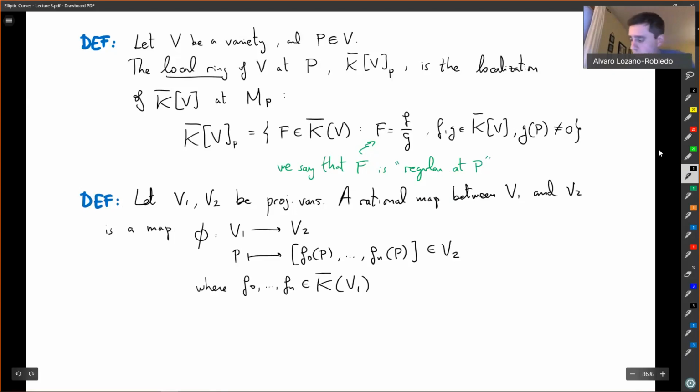So that is the definition of a rational map. Okay, so this is a rational map between V1 and V2.